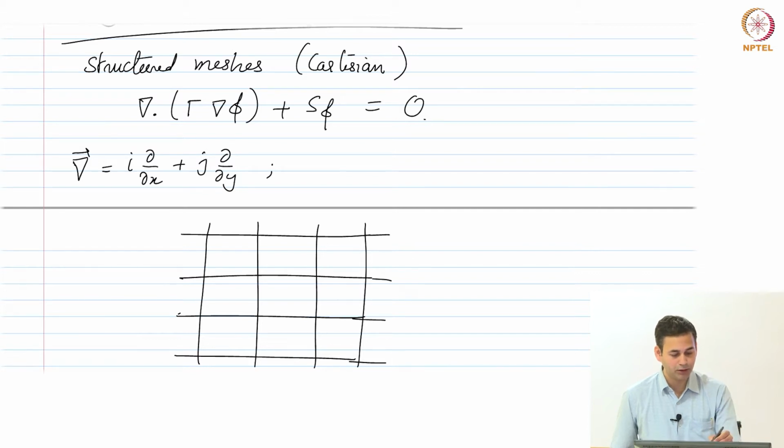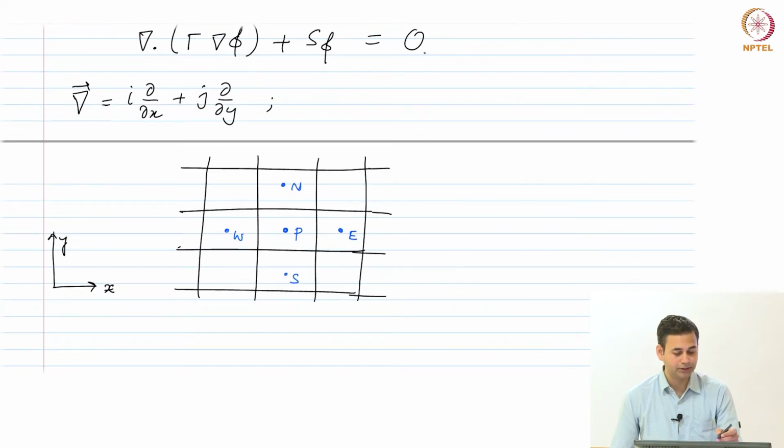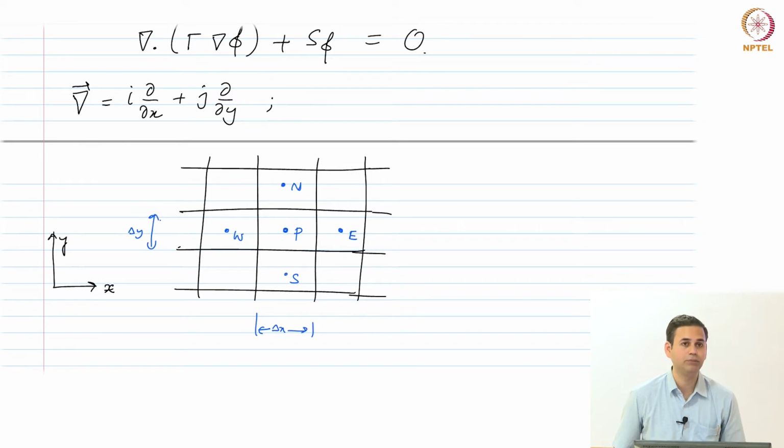Just like before, we would like to call our cells, so we call this the P cell, and we call this cell east, this west, this north, this south. Okay, and then essentially we have x and y coordinates aligned in the Cartesian axis. Then we also of course need to have dimensions for the widths of these cells. So, we have a width of delta x for the P cell and delta y in the y direction for the P cell.